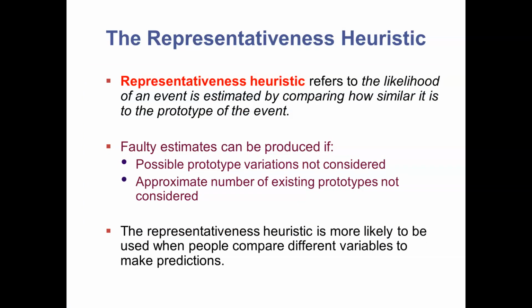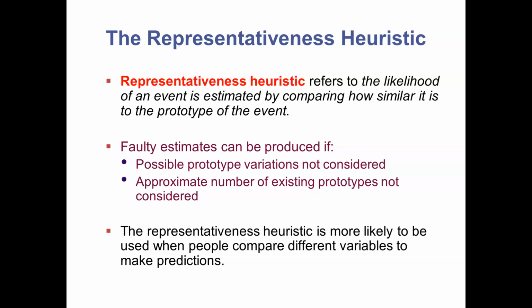Okay, now we're going to talk about the representativeness heuristic, which refers to the likelihood of an event being estimated by comparing how similar it is to the prototype of the event. So how similar it is to what ordinarily happens.